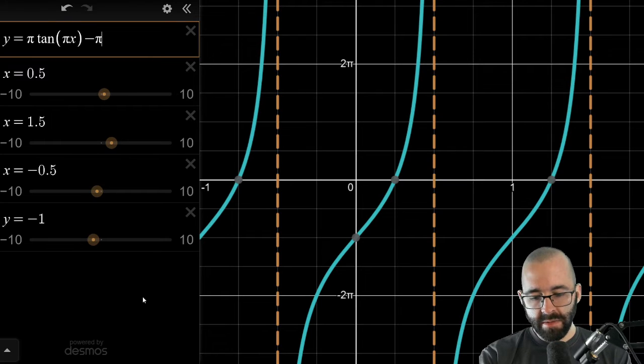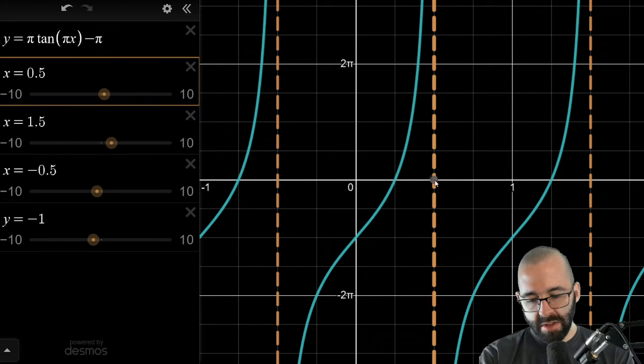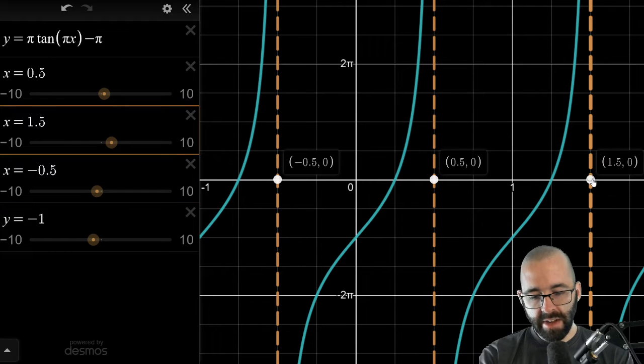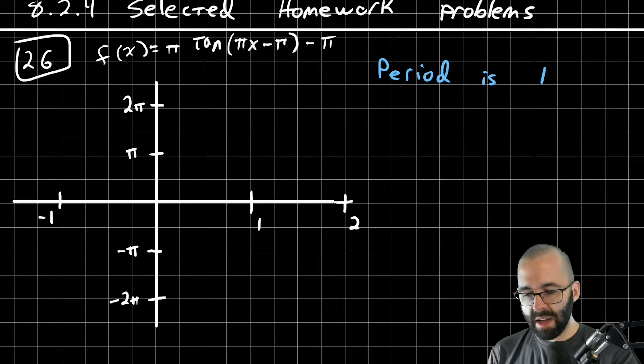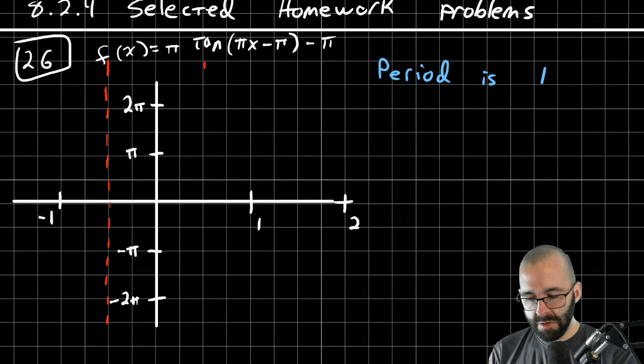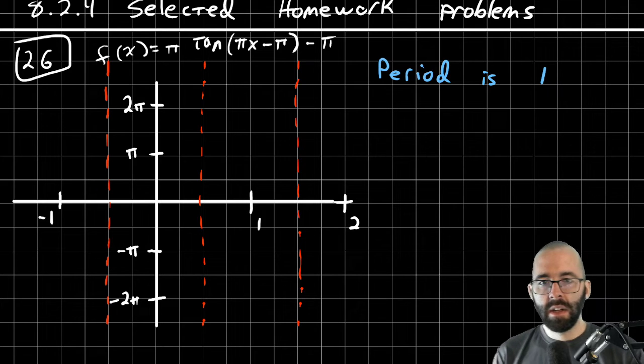The period is 1. Let's mark these asymptotes. They're at -1/2, +1/2, and 1/2. Good.